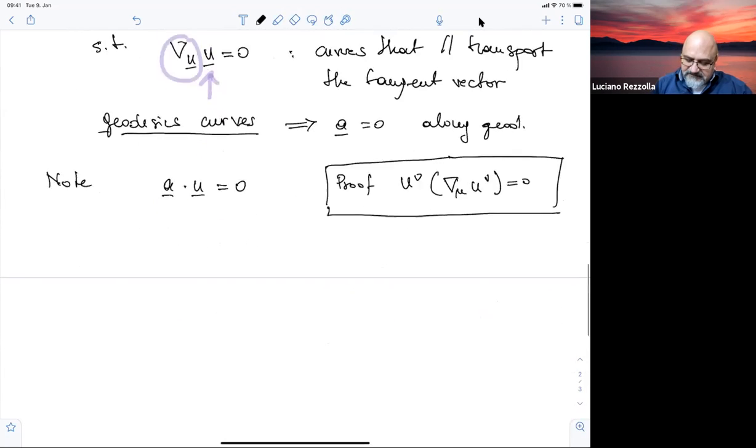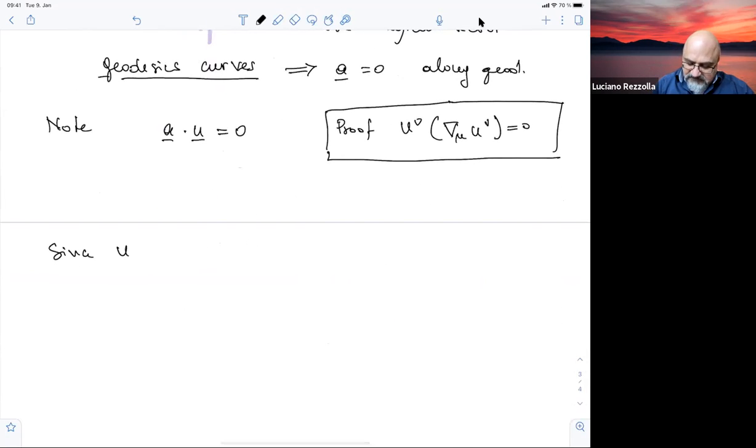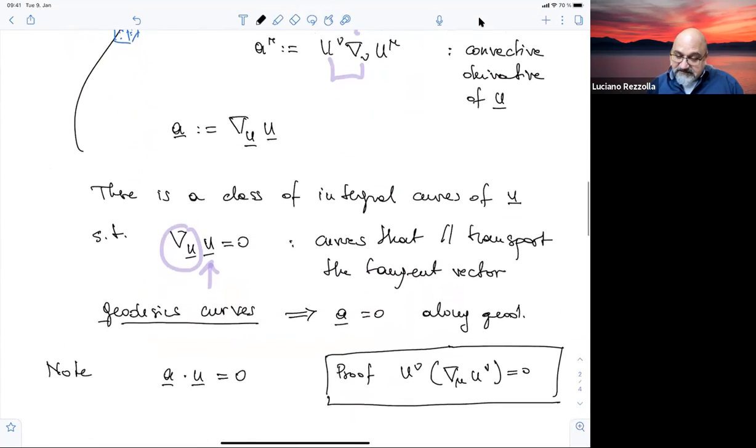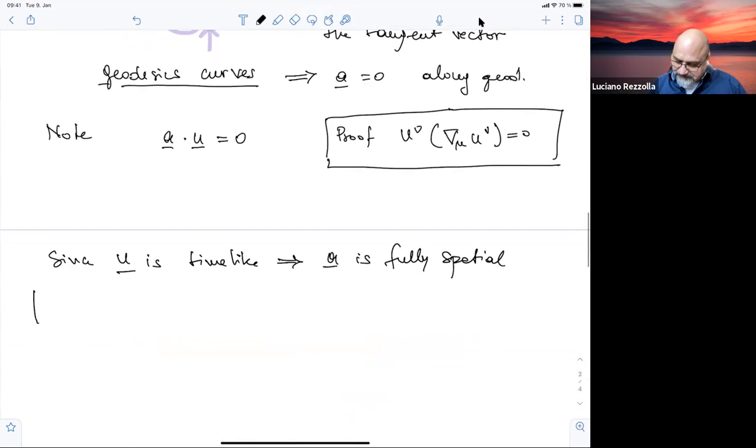So what does this mean? Since U is time-like, this implies that A is fully spatial. I recall that U is a time-like unit vector, so u^μ u_μ = -1. Again, this is very simple to prove, if you remember that -dτ² is equal to ds².